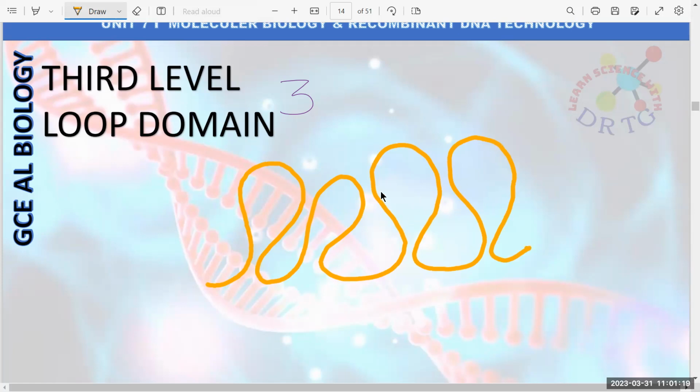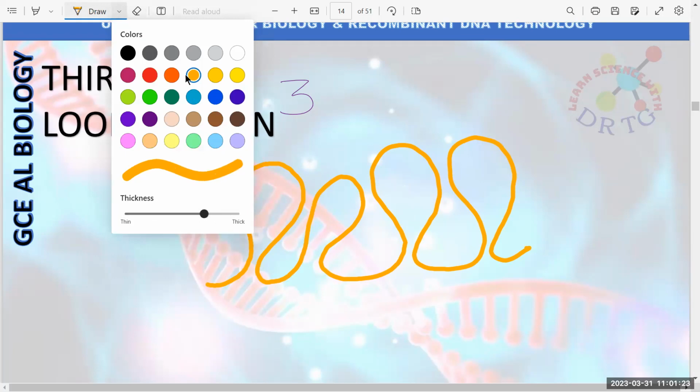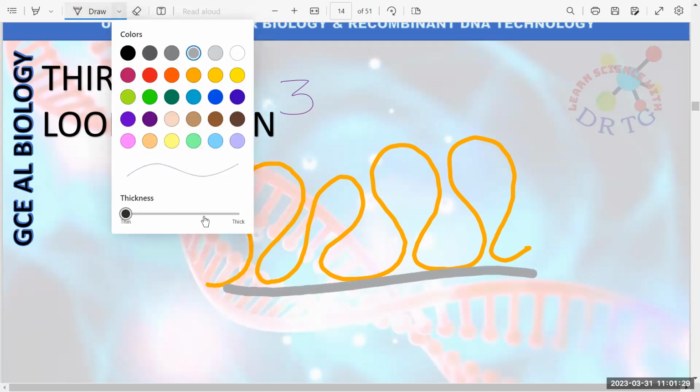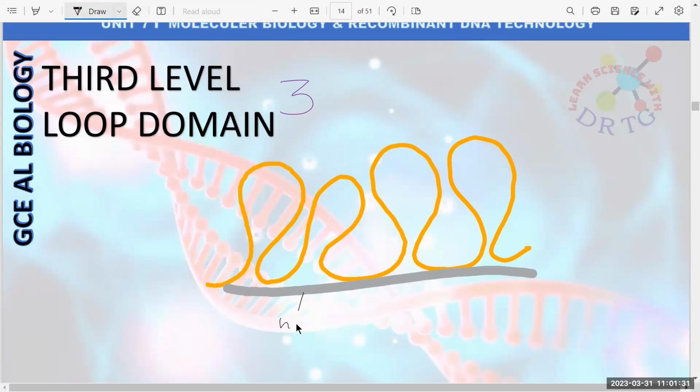So when it makes the loop like this, still it needs some kind of proteins to provide the support, and these are non-histone proteins. So they are different proteins. They do not belong to the histone group.